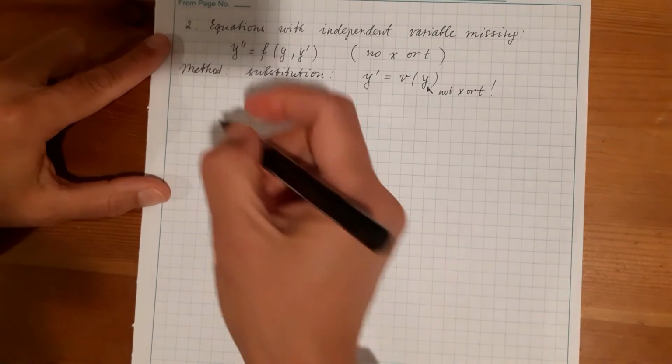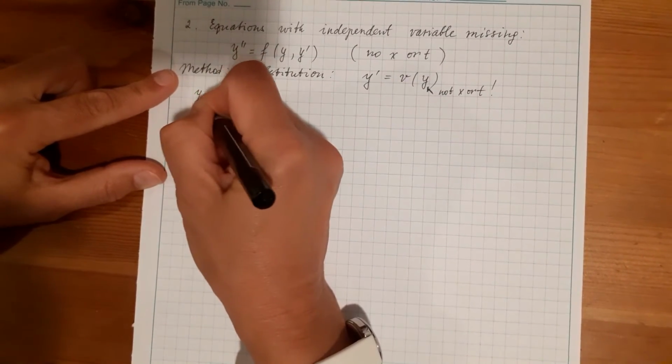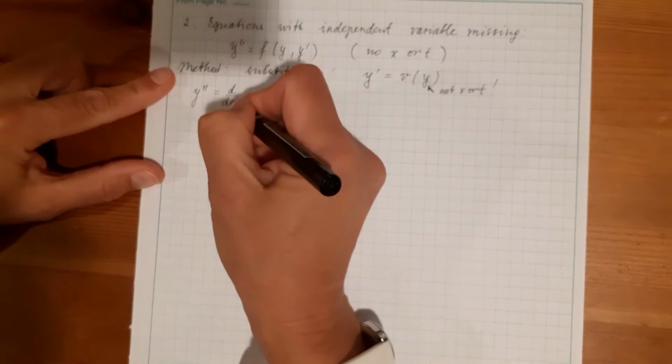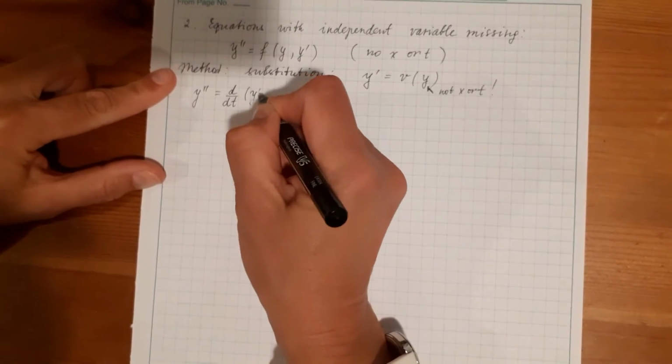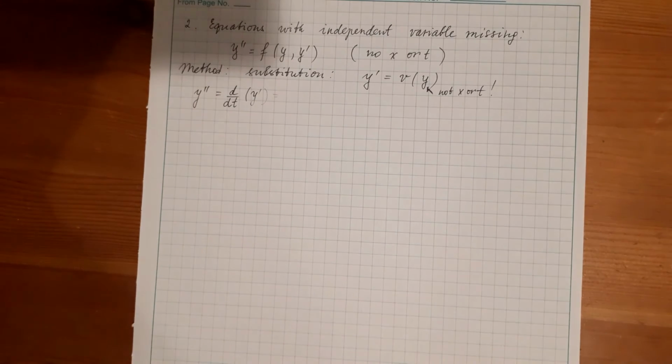Well, let's differentiate and find the second derivative, because for the equation we'll need a second derivative. So y prime, my second derivative, it's d dt. Well, I'm going to call the variable t. d dt of y prime. Sorry, my pen is dying. I'm going to use a different one.